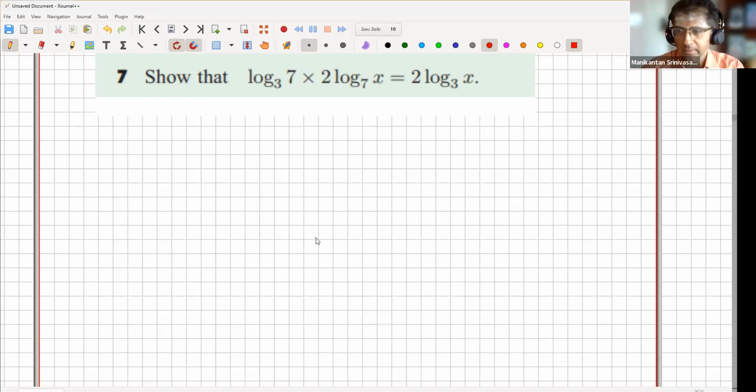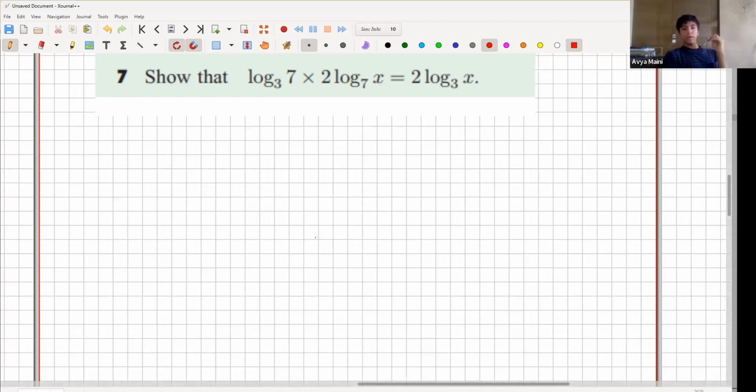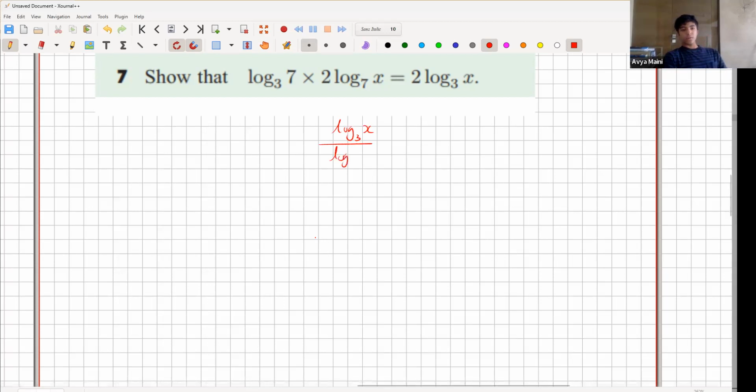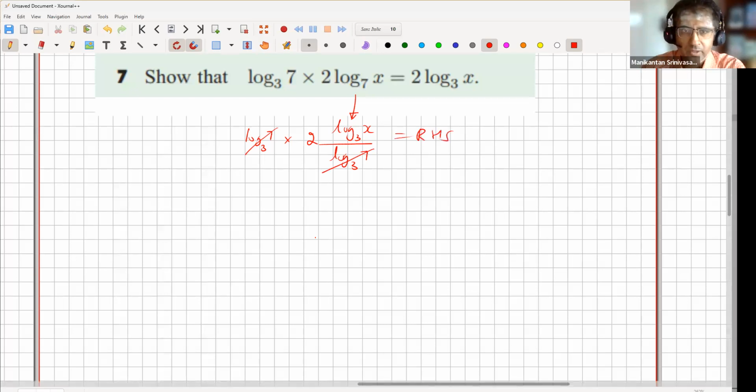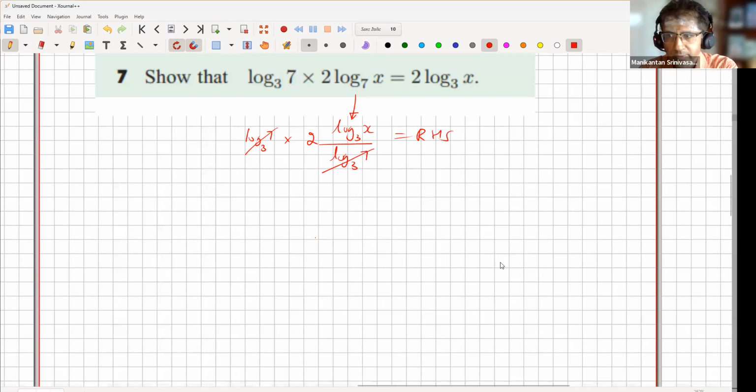Yeah. Oh, you're done? Good. Tell me, please. So log x to the base 7 can be written as log x base 3 upon log 7 base 3. And then log 7 base 3 just gets cancelled out. And the rest, you just get the answer. Exactly. Just by the change of base rule, you get the right-hand side. One step. Wonderful. Same, right? Sumaira, Hana, you're with me on this?